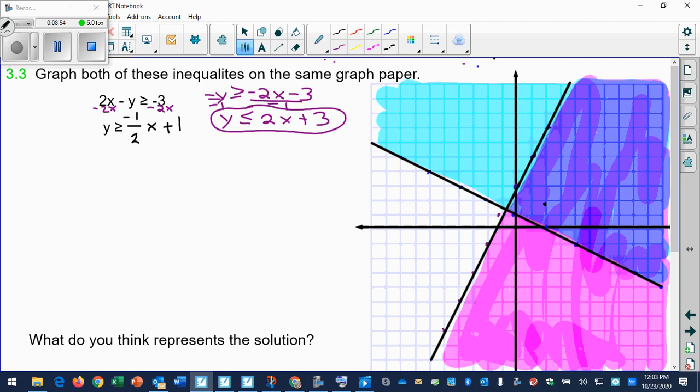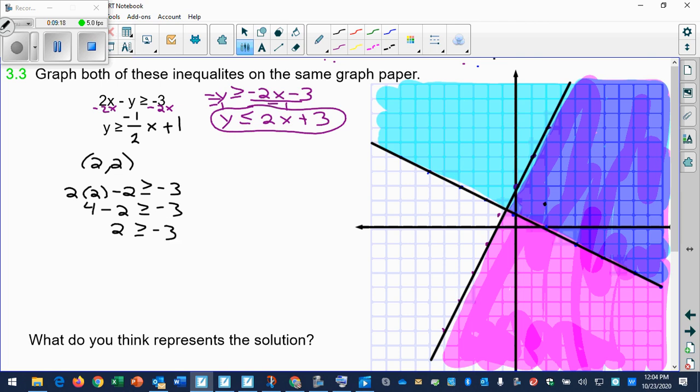Does that look right? Sure. That's close. If I go back up here and I put 2, 2 into my inequalities, it should make 2 true statements. So the first one, 2 times 2 minus 2 should be greater than or equal to -3. Is 2 greater than or equal to -3? Yes.